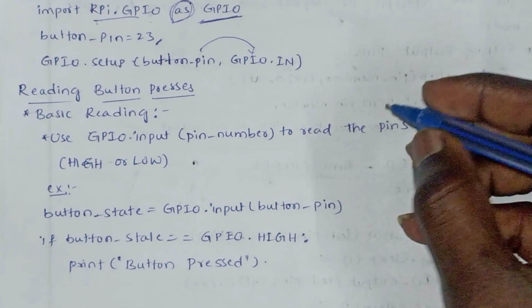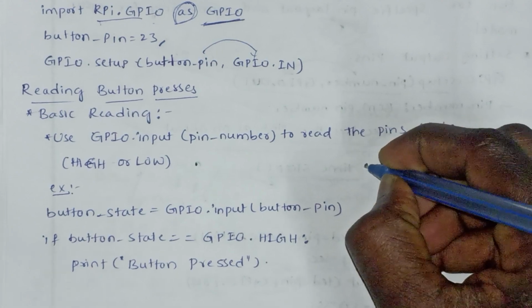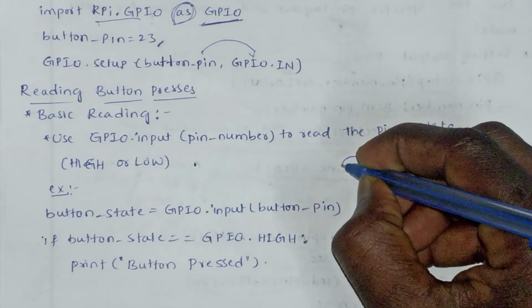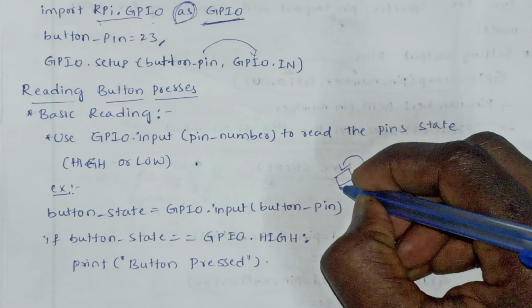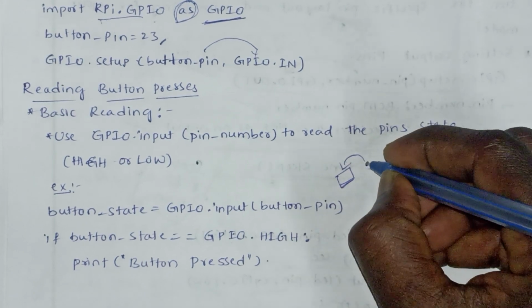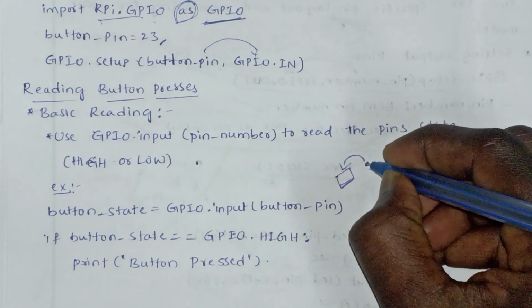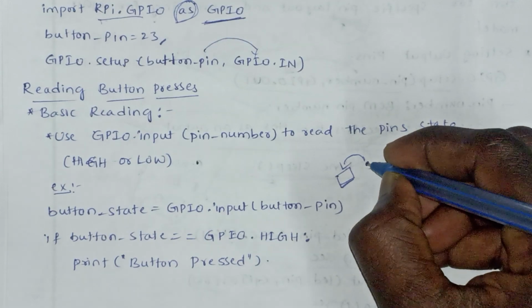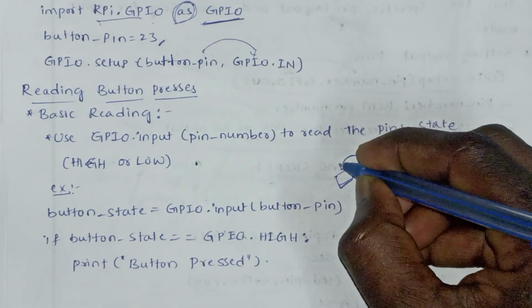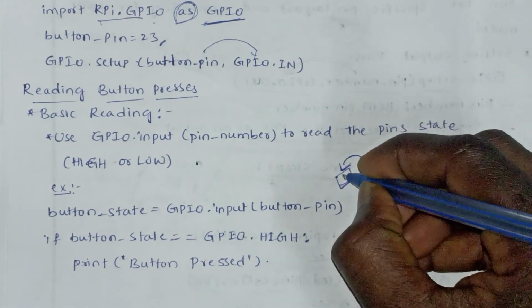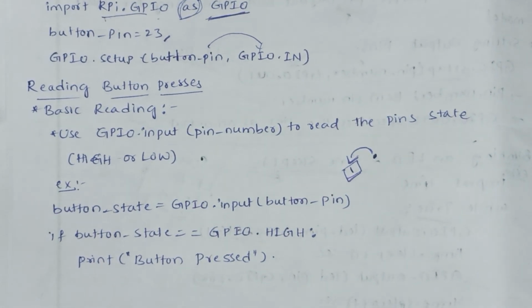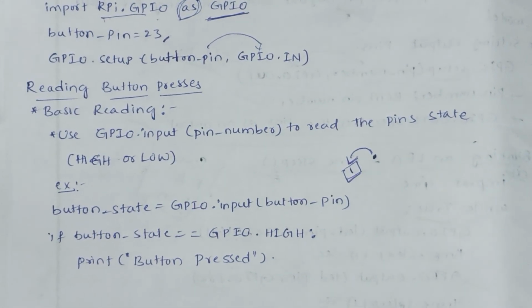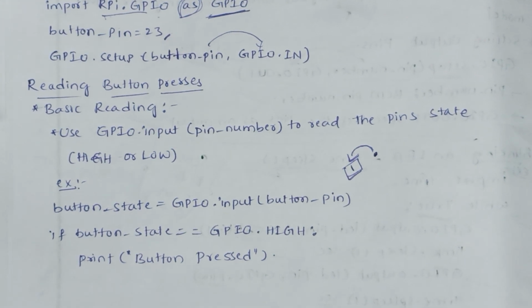When we press some button, the Raspberry Pi understands that it has some specific value. Whenever we press this button, it will generate a reading value and some reading input. That is the basic reading of a button press.